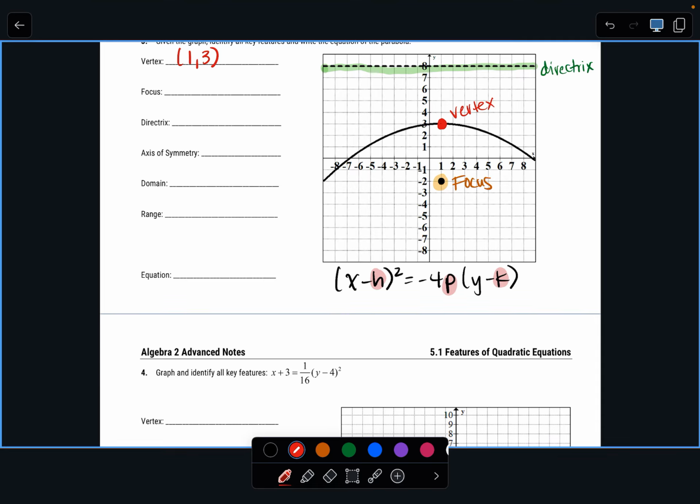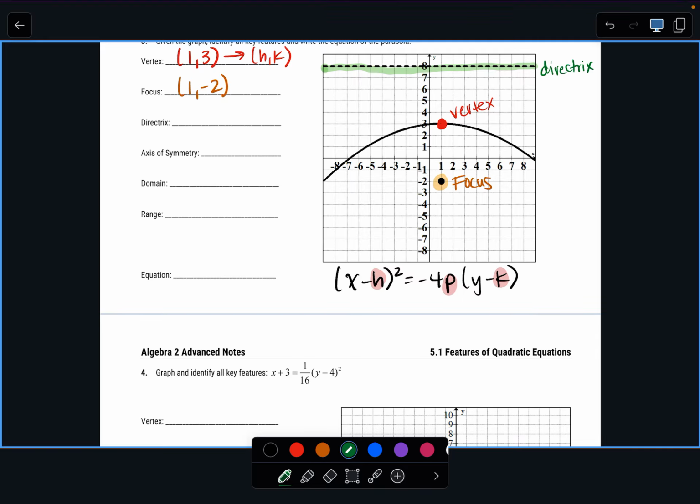Now, the nice thing about this is the vertex is still (h, k). So I have two of the things that I need for my final equation. Going in and identifying some of the other stuff, (1, -2) is where the focus is.